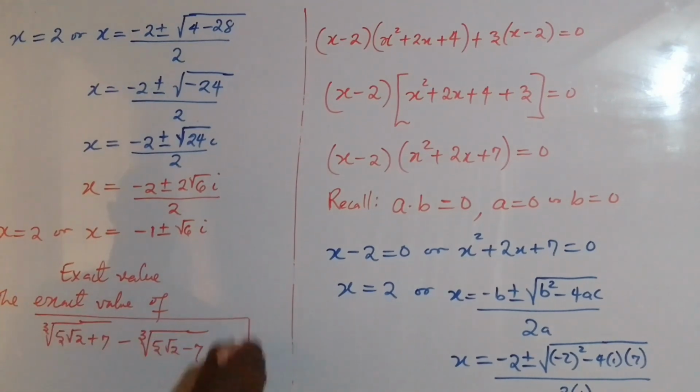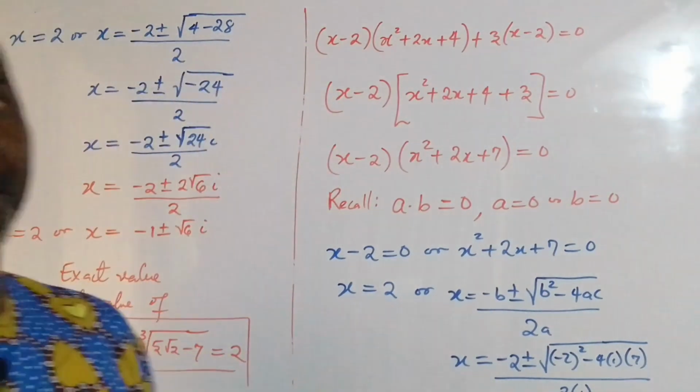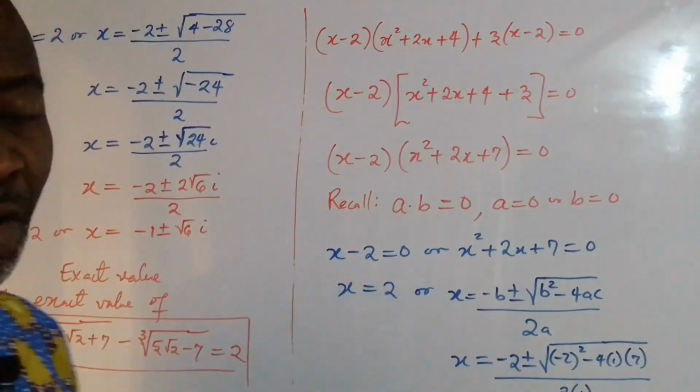So this is our result. All right, so you can compute that. You are now free to use a calculator or use table or whatever other method you want to use. So this is where we come to the end.